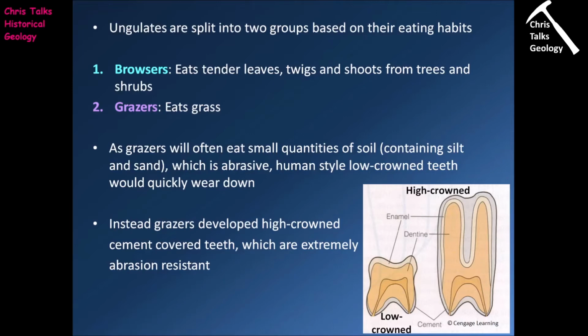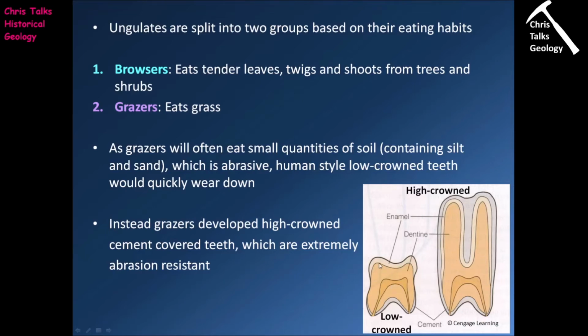Now, if you're a grazer and you were to have a tooth similar to a human-style tooth, which is called a low-crown tooth, you would very quickly be in trouble. If we look at the diagram down here on the right, you can see a low-crown tooth right here. We have the portion of the tooth which is going to be above the gum line, and you can see that's protected by a hard layer of enamel. Then underneath that we have the dentine, and then of course we have the nerve.